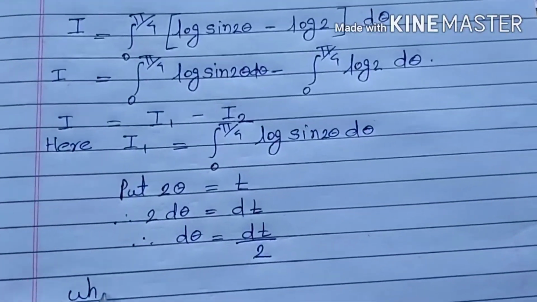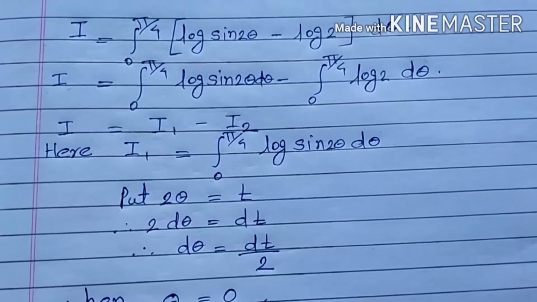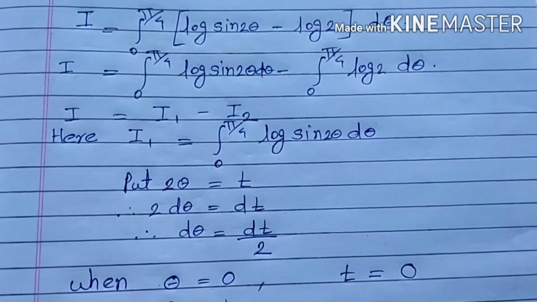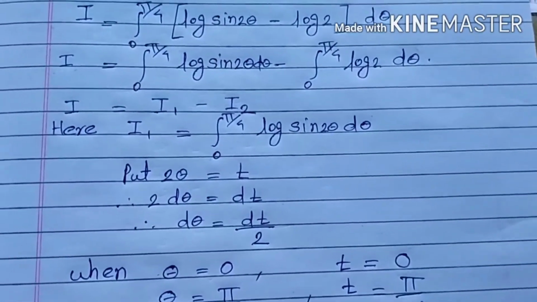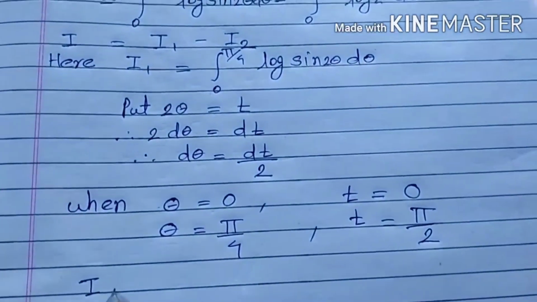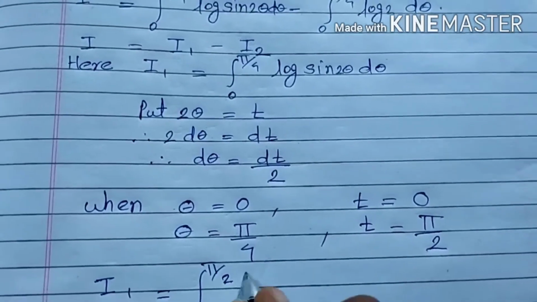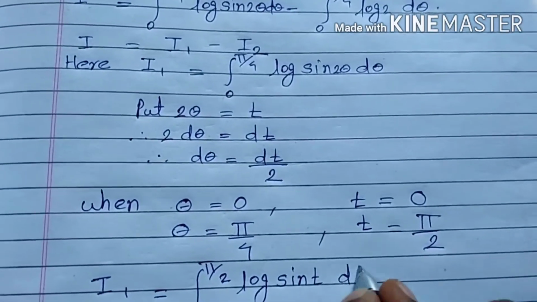We have to change the limits: when theta is 0, t is 0, and when theta is pi by 4, t is pi by 2. So our new limit is I1 equal to integral from 0 to pi by 2 of log of sin t dt.